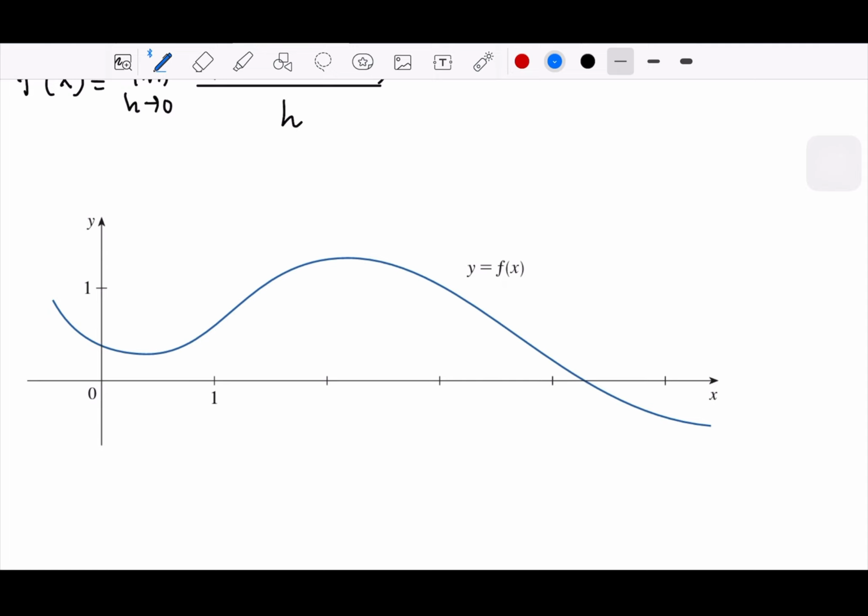We're not sure what function this is, but we know this is f of x. How about the derivative of this f? Can we roughly sketch it from this? How?